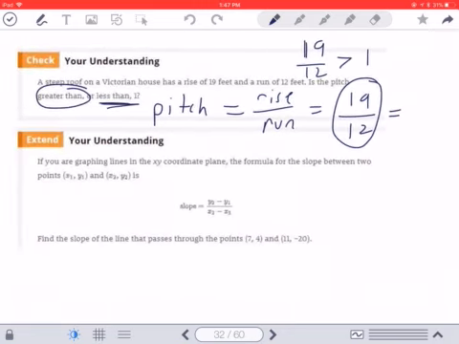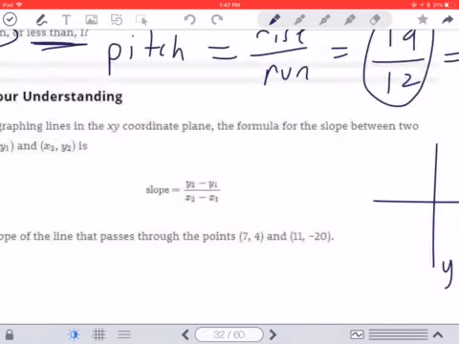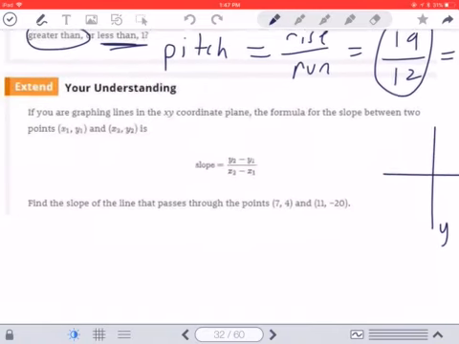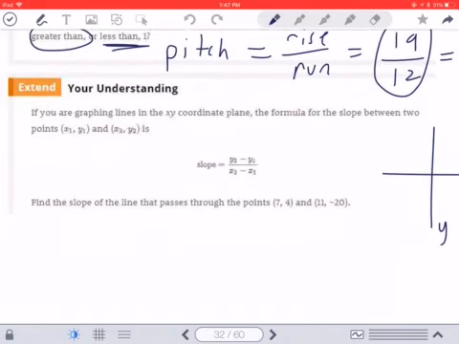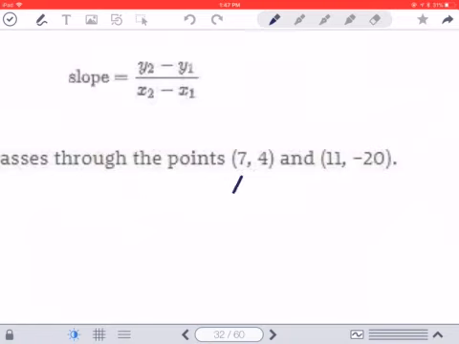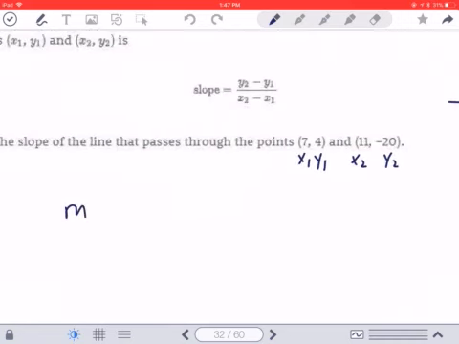Okay, extend your understanding. If you are graphing lines in the xy coordinate plane, which is just this thing right here, the formula for the slope between two points is y2 minus y1 over x2 minus x1. Find the slope of the line that passes through these points. Well, we would label our first point x1 and y1, and our next point x2 and y2, and we would just find the slope.